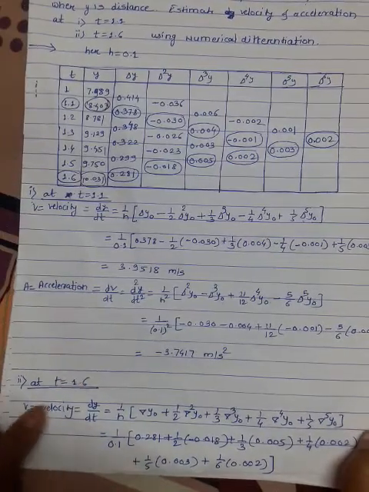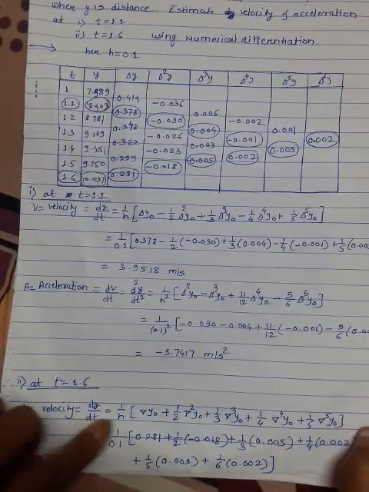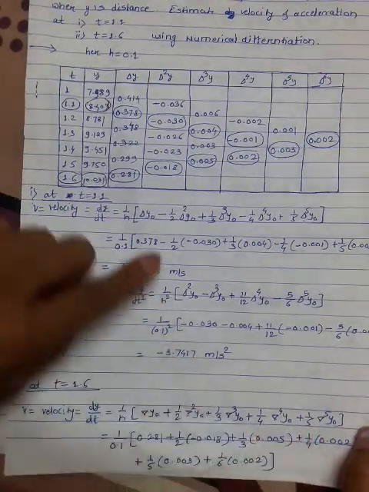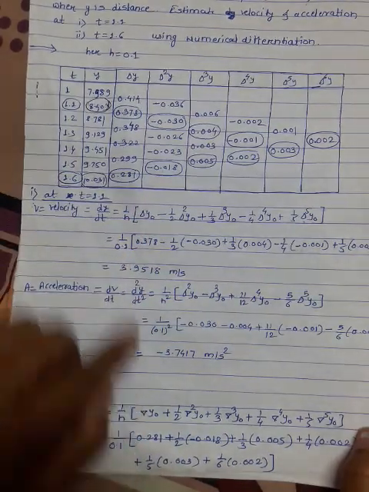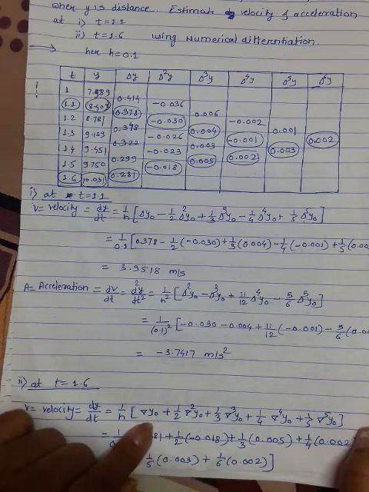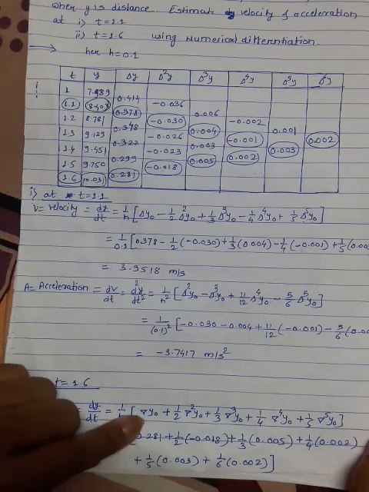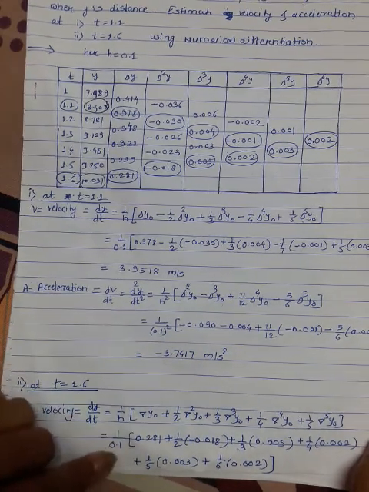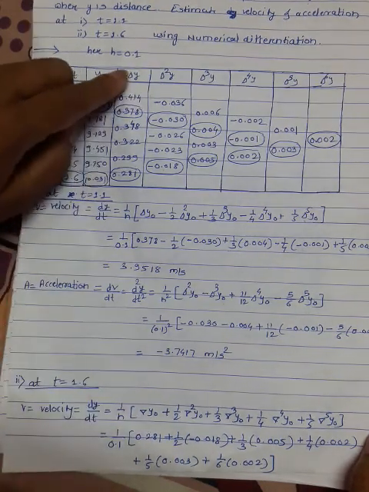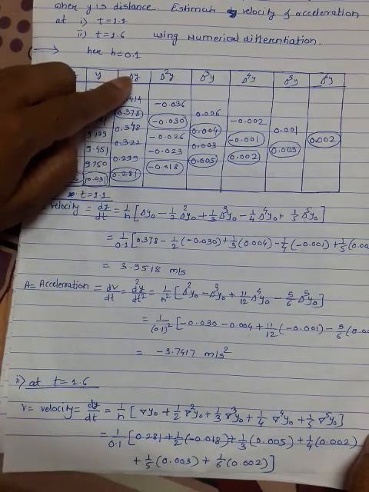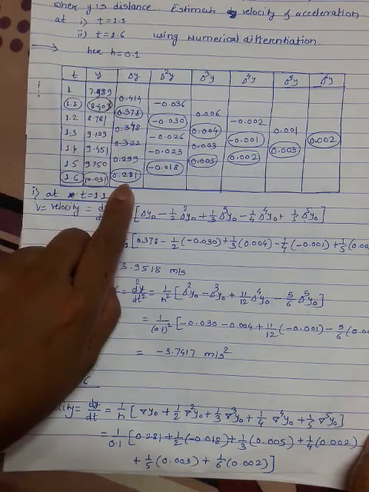Now for 1.6, velocity is nothing but dy by dt. This is the formula. These two formulas are the same, just replace del by reverse del and every term becomes plus. Okay, now how to write: 1 by h is 0.1 upon 0.1. Del y naught means the last number of the del column.